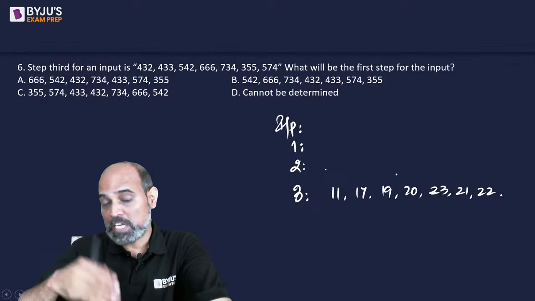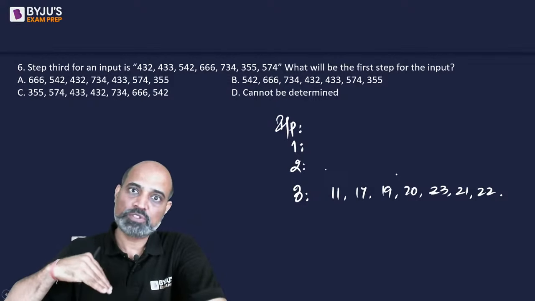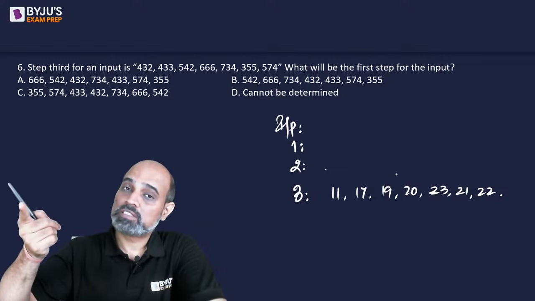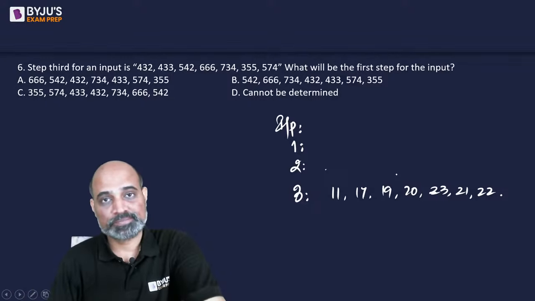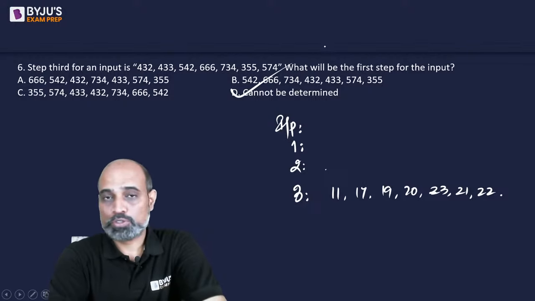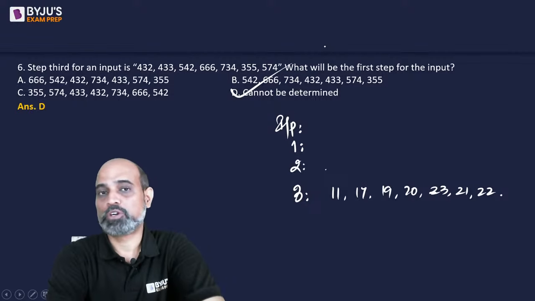If a particular step is given, you can find the subsequent steps. But if one step is given and its previous steps are asked, you cannot find them out. Okay, so the answer is going to be cannot be determined. You won't be able to figure out such steps in such input output questions.